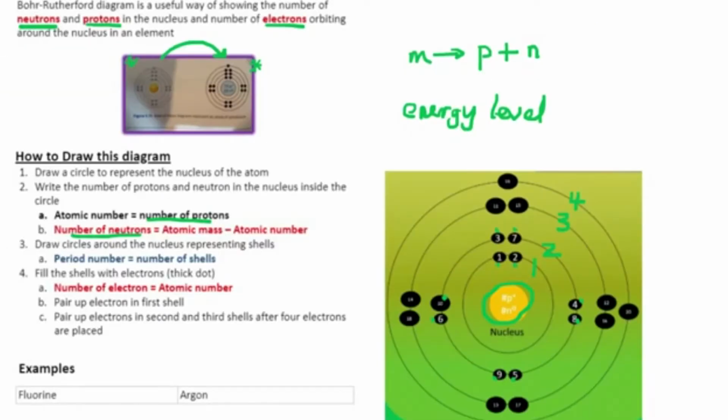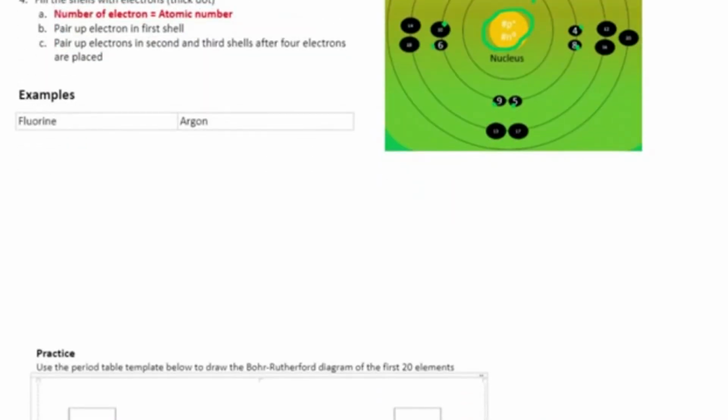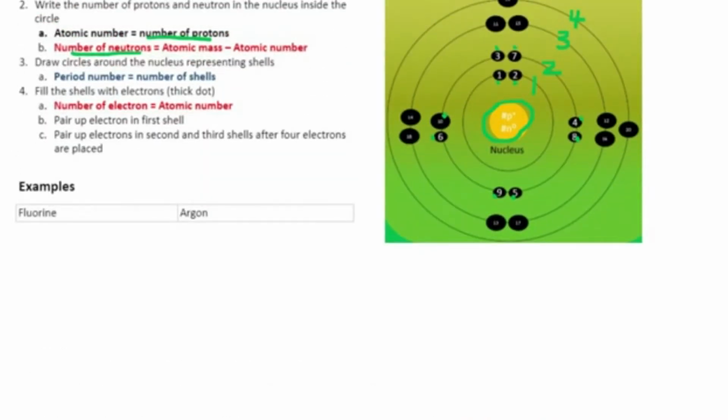So let's look at an example of this, which is fluorine. If you look at it in the periodic table, it has 9 protons, and we also see a large number which is equal to 19. This number 19 is the atomic mass, abbreviated as AM.